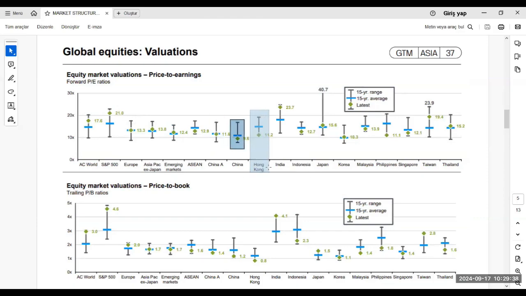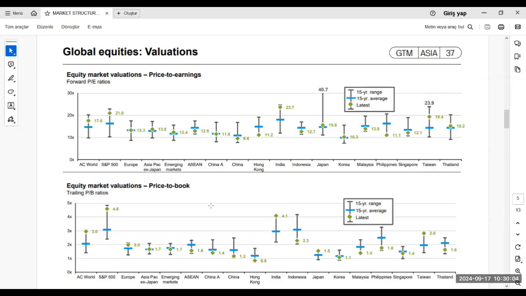Hong Kong, really cheaper: the 15-year average is 15, and today's value is just 11. But absolutely expensive, India. Or Taiwan, absolutely expensive. Or the Philippines, really cheaper: the 15-year average is around 16, and the latest value is approximately 11.